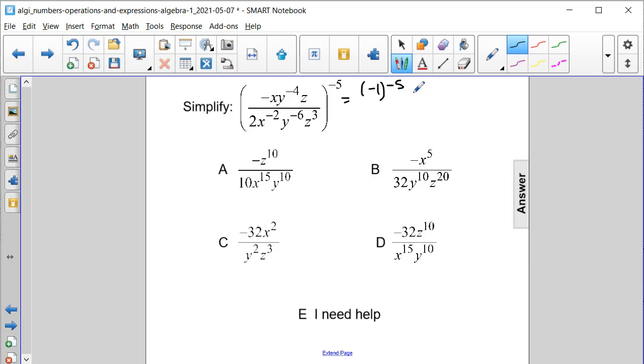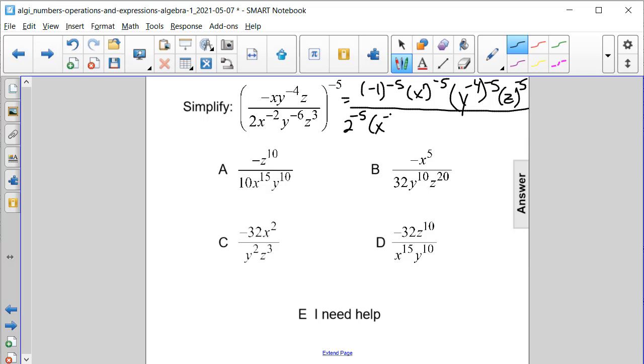And then we have x to the first to the negative fifth, y to the negative fourth, quantity to the negative fifth, and then z to the first to the negative fifth. And then we're going to divide this whole thing by 2 to the negative fifth.